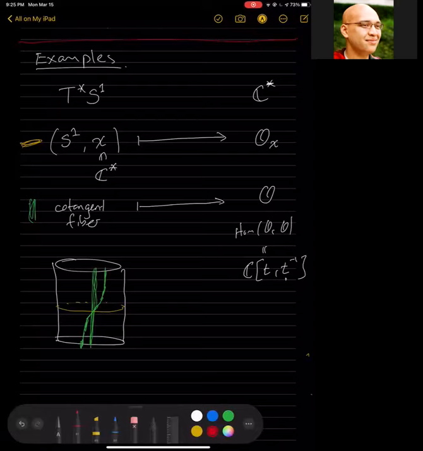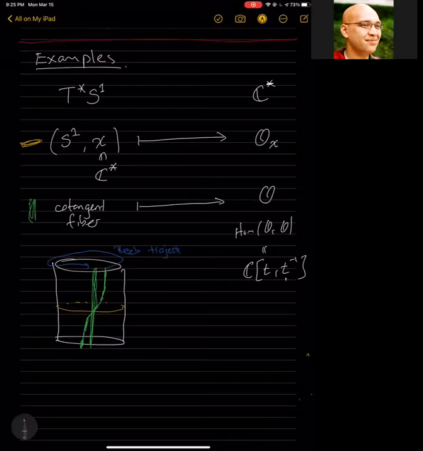So this is a Reeb trajectory. In this cotangent bundle case, a Reeb trajectory is just the same thing as geodesic flow. So the Reeb trajectory is, well, you can go once around, you could go 2 times around, and you could go as many times around as you want.